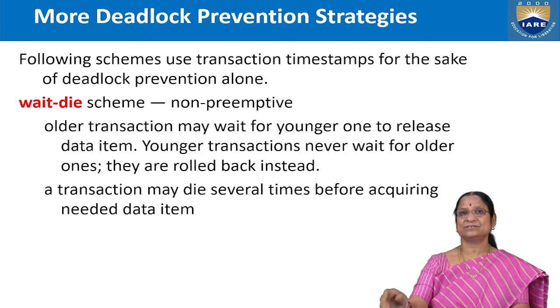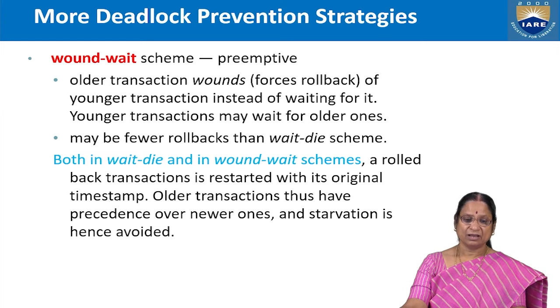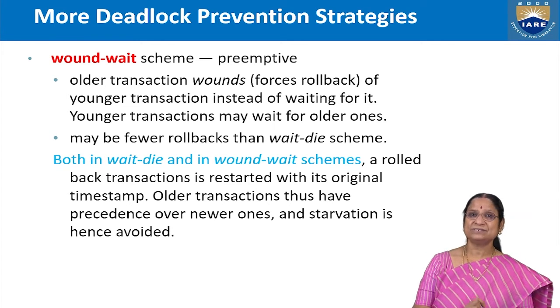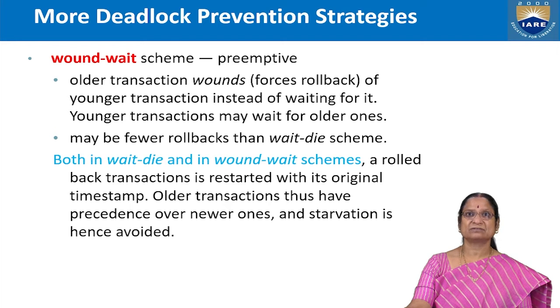That means younger transactions are rolled back, since older transactions may have done a lot of work. And then there is wound-wait, which is preemptive. Preemptive means the younger transaction is forced to roll back and the older transaction gets the respective locks. A combination of these two can also be used.